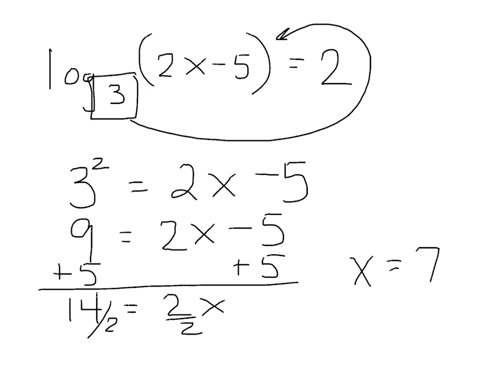So if I put it back into the original problem for x, what's 2 times 7? 14 minus 5? I should be okay. If it was the log base 3 of negative 9, then I have to throw it away, and then there would be no solution. Okay? But as it turns out, 7's a good one.